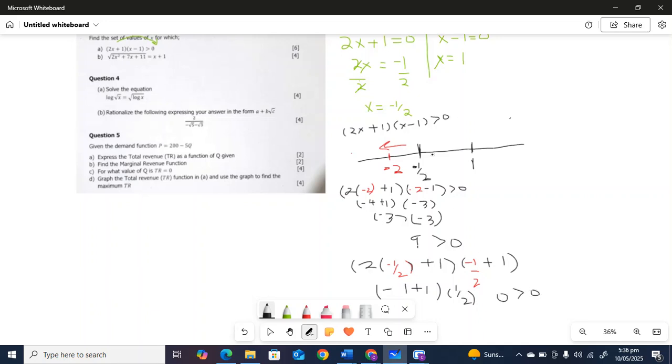So any value of x, not including negative half, but any value of x that is less than negative half makes the inequality true. So this is our first range of values. Any questions before we go to the next range?